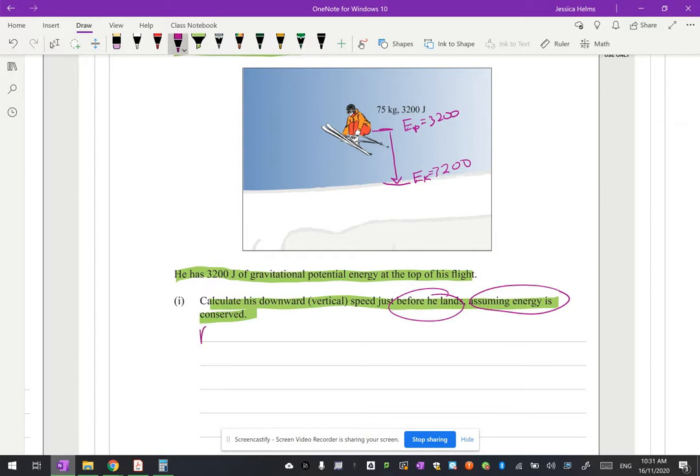So assuming energy is conserved, it always pays to restate this.